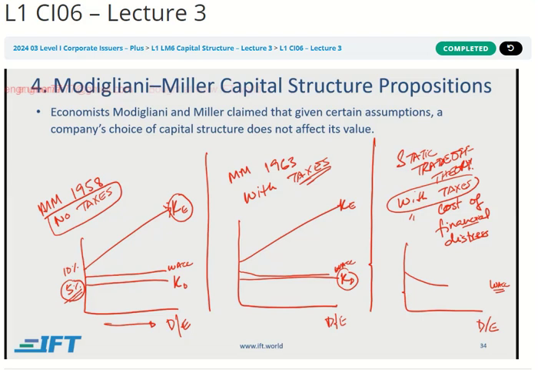So there is a cost of financial distress, and the present value of that cost becomes more than the tax benefit at some point, right? So before this point, the tax benefit value is more. After this point, the present value of the financial distress is more, and the WACC starts going up. So the WACC does come down as you include more and more debt in the capital structure, but then it starts going up.